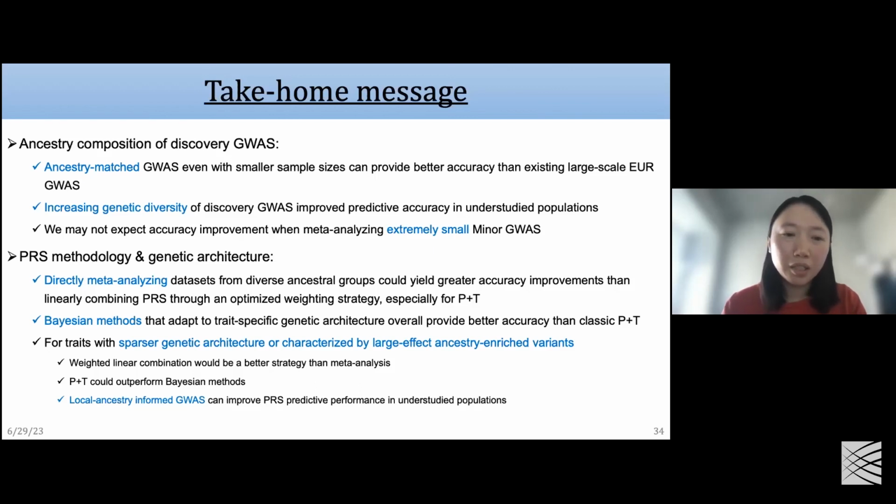The only exceptions where the weighted strategy performs better are the traits highlighted here, which are less polygenic and have some population-specific variants.